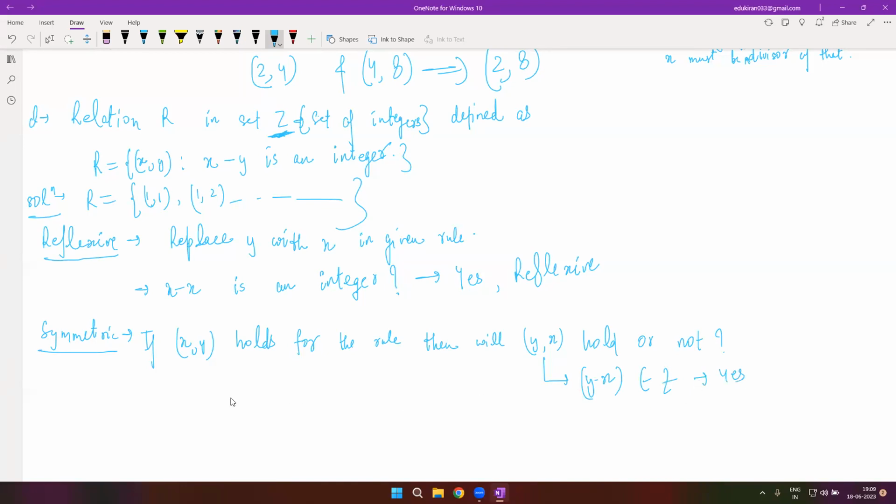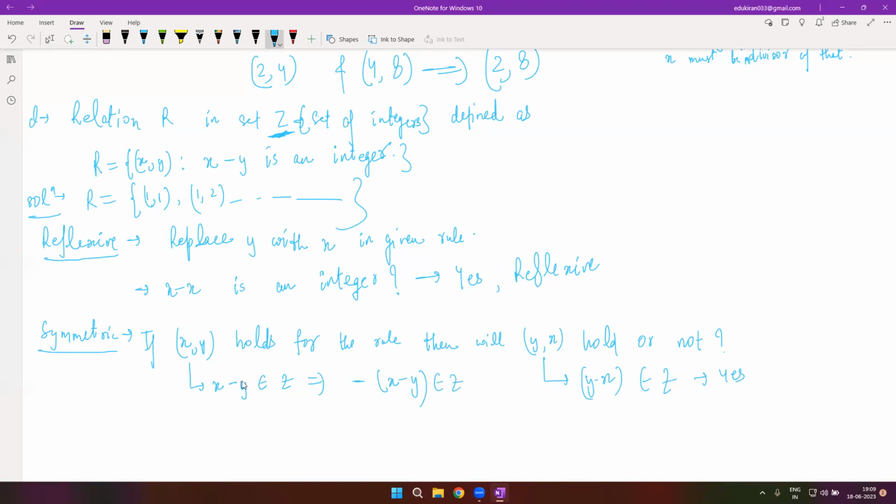This is the symbol for belongs to, right? So we are saying that x minus y holds for the rule, which means that x minus y belongs to an integer. If x minus y is an integer, it implies that minus times of x minus y is also an integer, no?